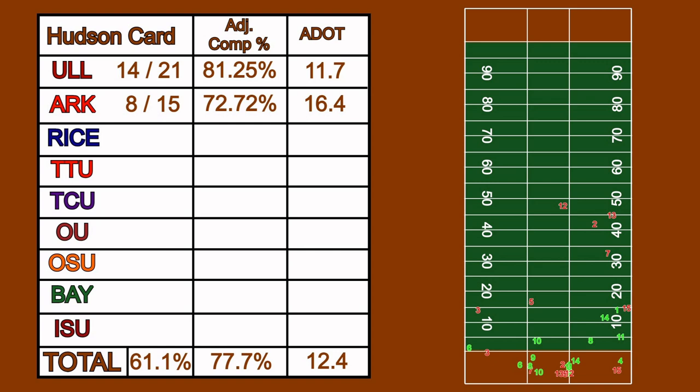One of these passes that Hudson Card had was a pass to Jordan Whittington in the end zone. I did not count that as a drop pass. I counted that one against him with the adjusted completion percentage. So if I were to count that one, he would probably be in the high 70s.